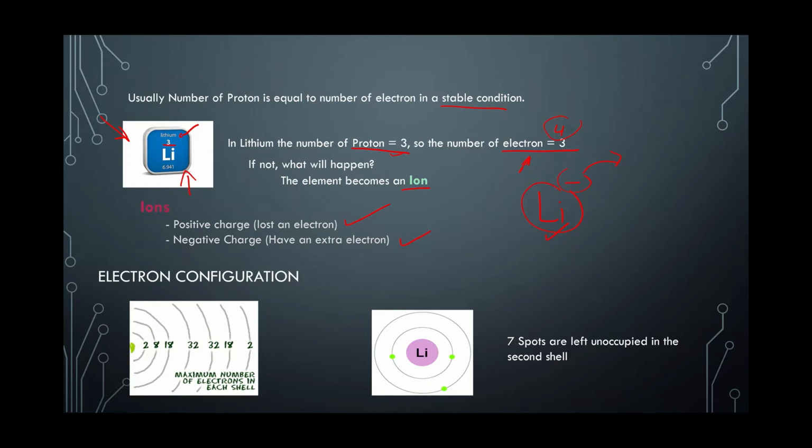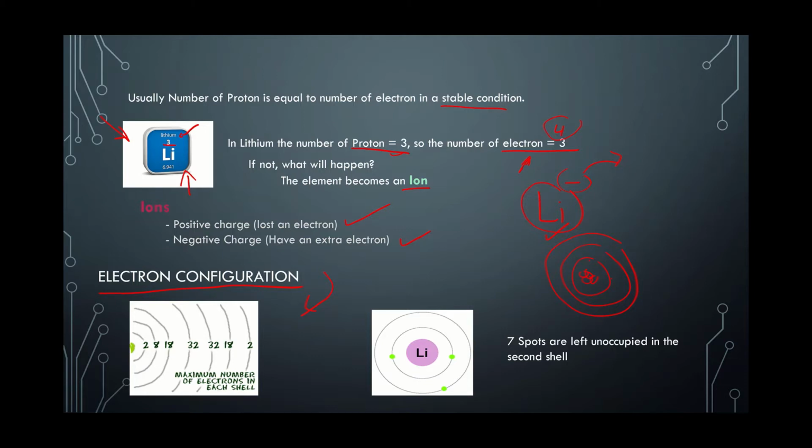Now, how do these electrons exist around the nucleus? Let's take the electron configuration. If this is the nucleus, around the nucleus there are shells where the electrons exist. These shells have a maximum number of accommodation.